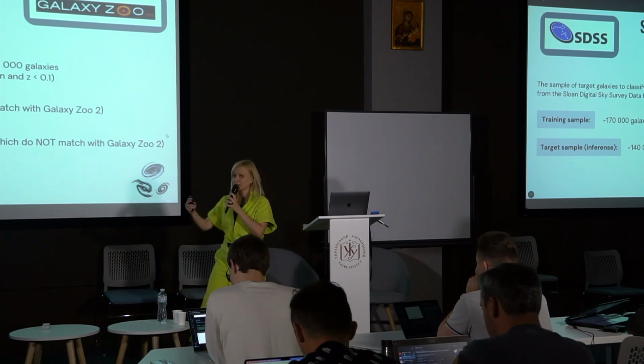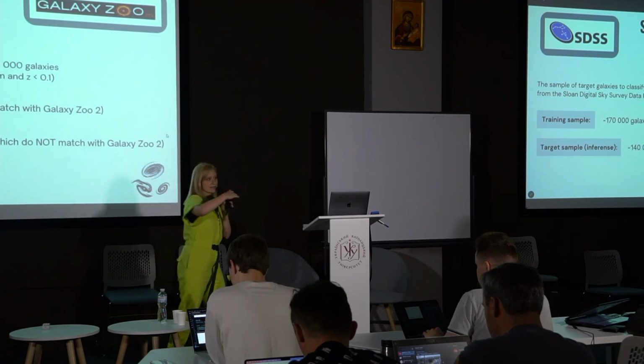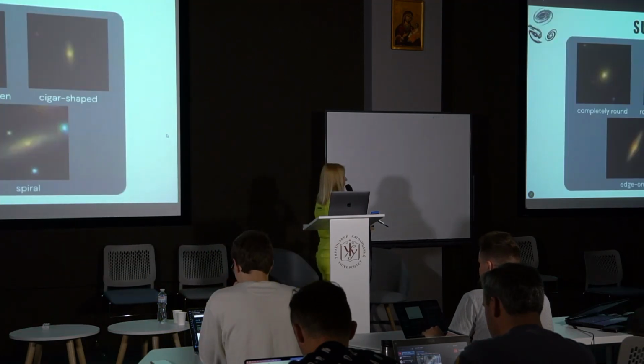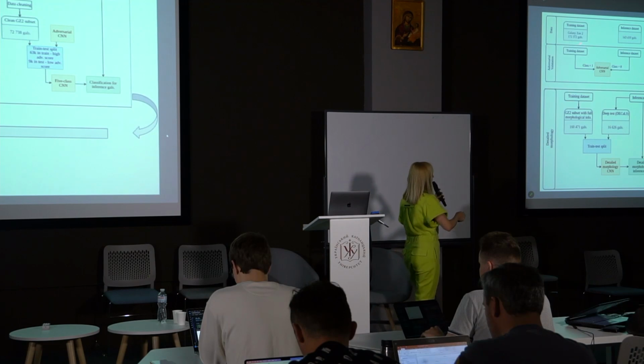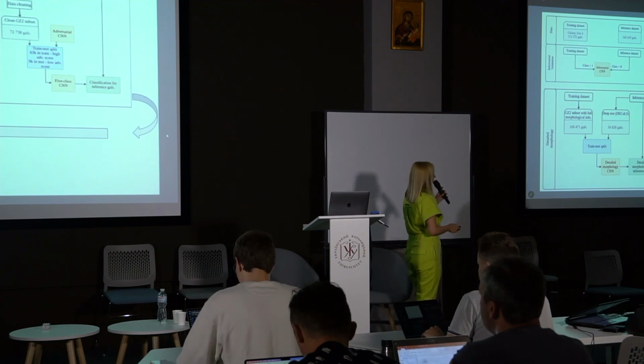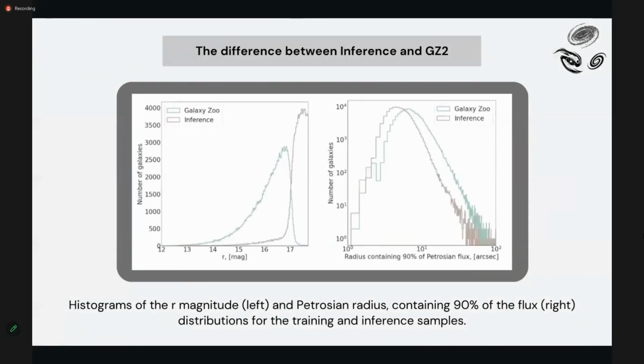First of all, we decided to compare them. Is it the same sample? We used photometrical parameters, magnitude in the R band. Here you can see that this sample, Galaxy Zoo, and our inference sample, we call it inference, where we don't know the morphological shape of the galaxy, it is different.